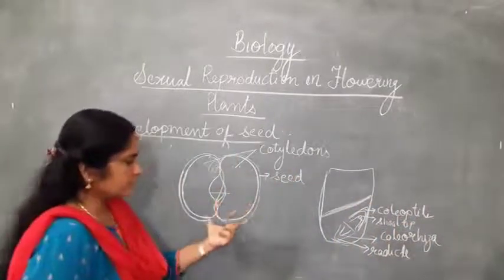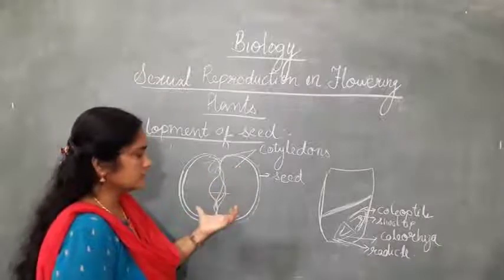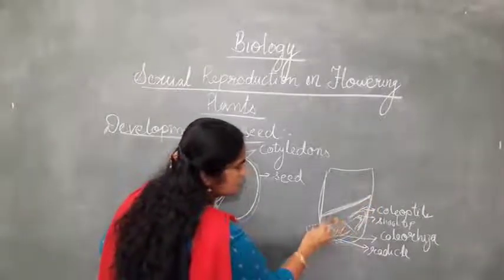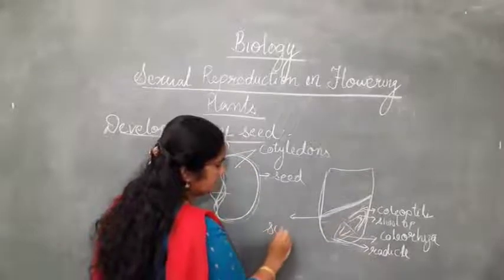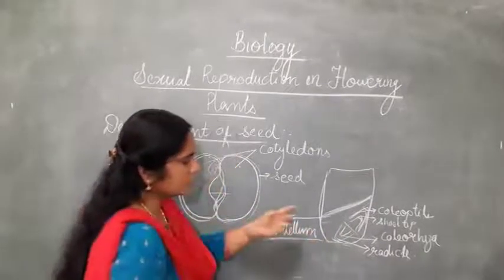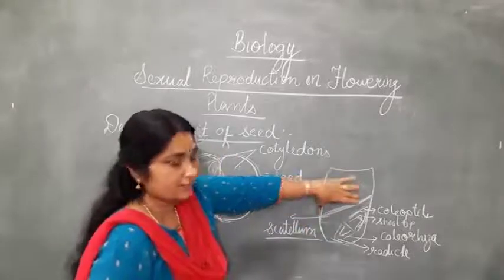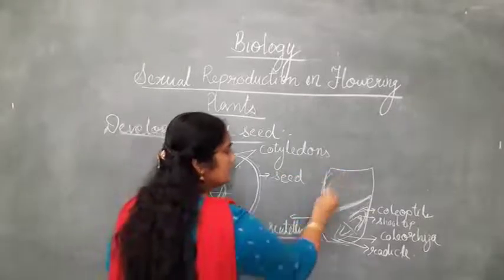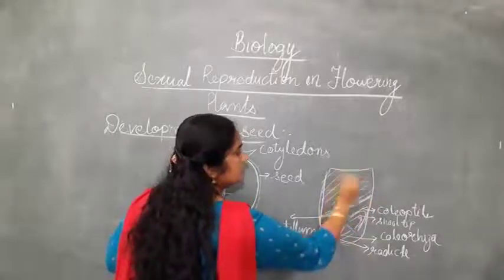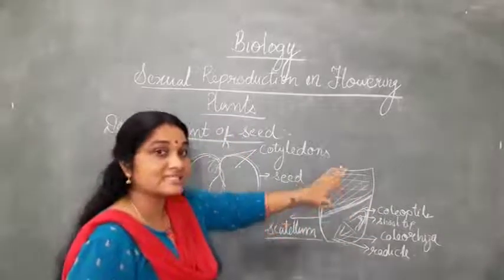Now you can see the basic difference over here. Here there is the fleshy cotyledon, and here the cotyledon is known as the scutellum, which is present in the monocot. Along with that, in monocot, there is a large portion which is not utilized during the seed development after fertilization, and it is retained.